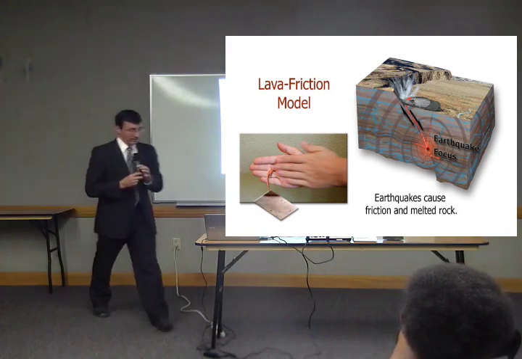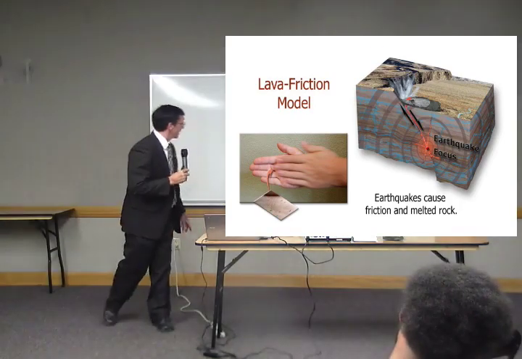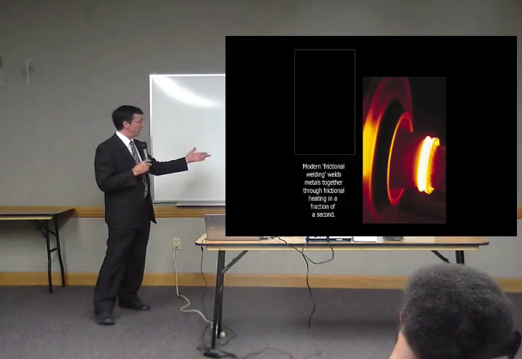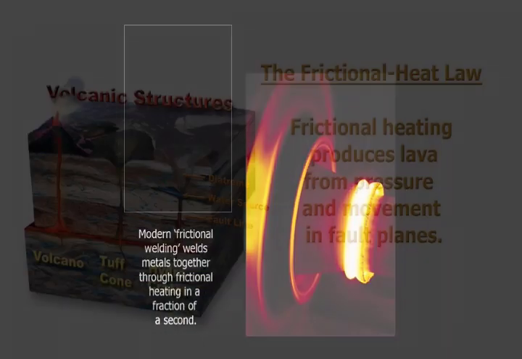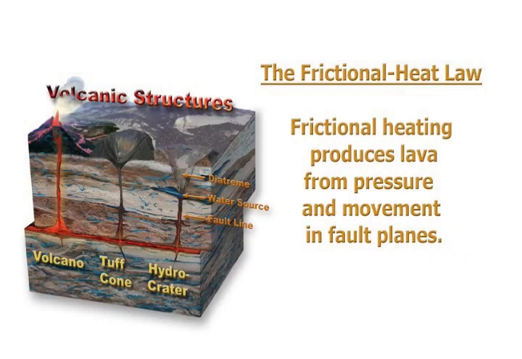In fact, as we look at welding nowadays, there's frictional welding where it melts the metals together in just a matter of seconds. And so we're suggesting in the frictional heat law that frictional heating produces the lava from the pressure movements in the fault planes.